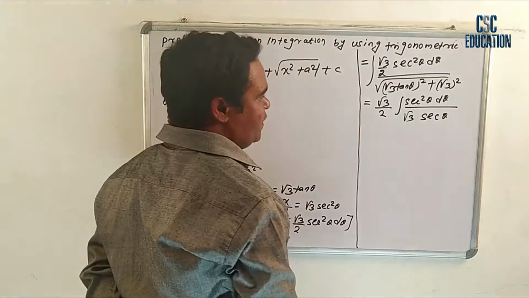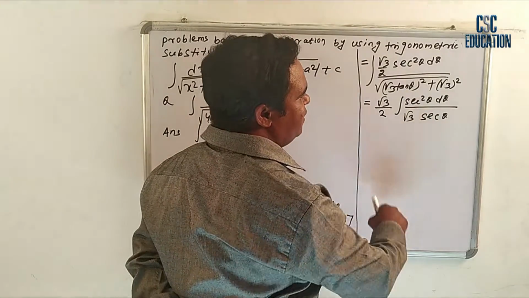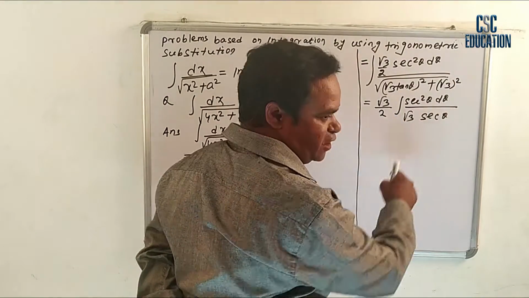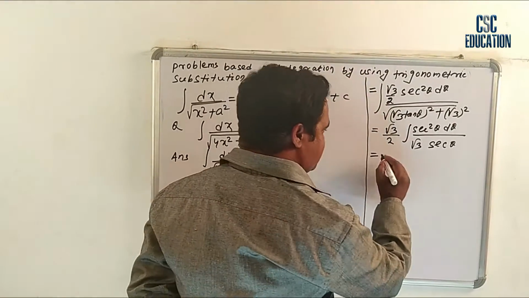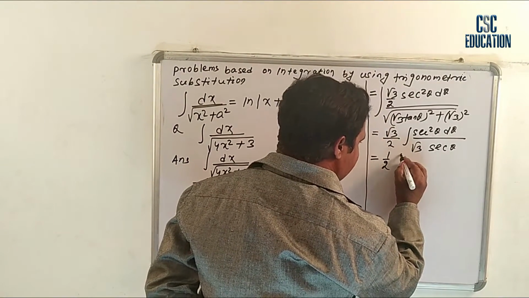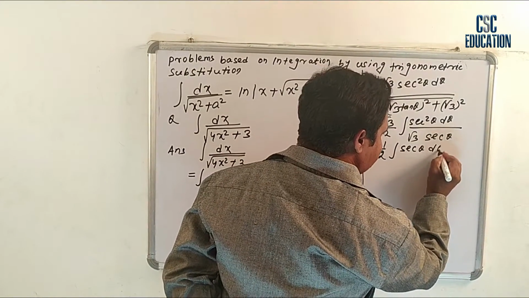Now cancel root 3 and root 3, and sec square theta in the upper level with sec theta in the lower level. So now the value is 1 by 2 times the integration of sec theta d theta.